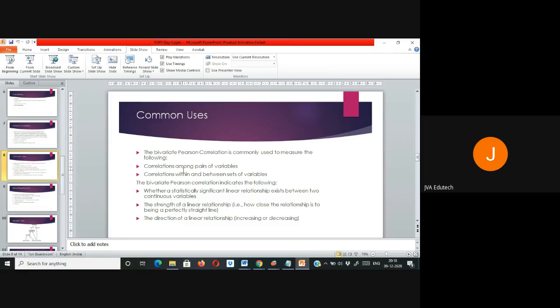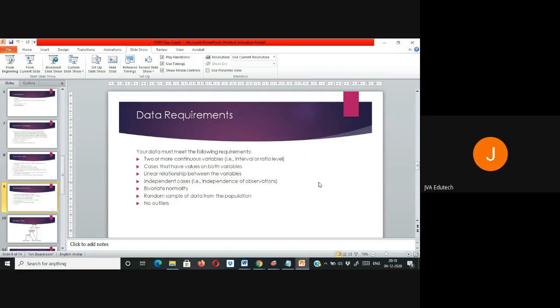Here you will take continuous variables because it is a parametric test. Then it checks the strength of the linear relationship, okay, so how close the relationship is to being a perfectly straight line. A perfectly straight line is called 100%. And it checks the direction of the linear relationship, positive or negative, meaning increasing or decreasing.